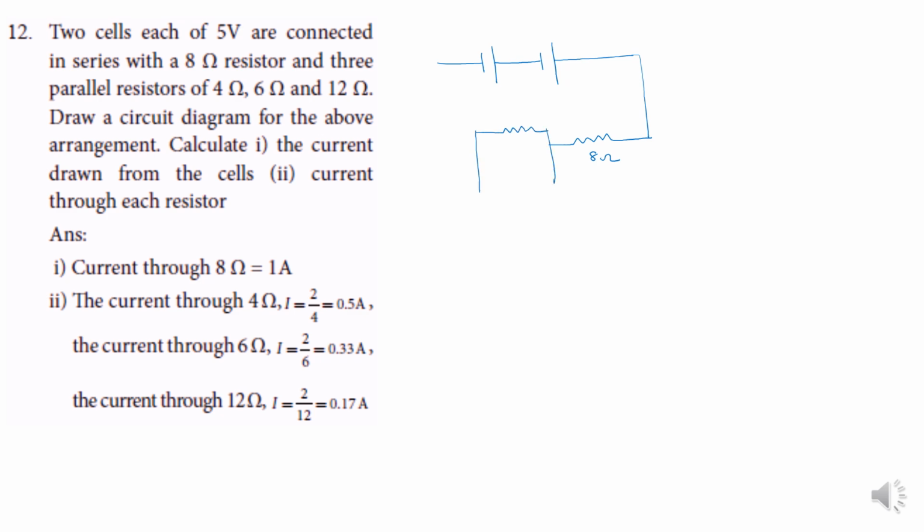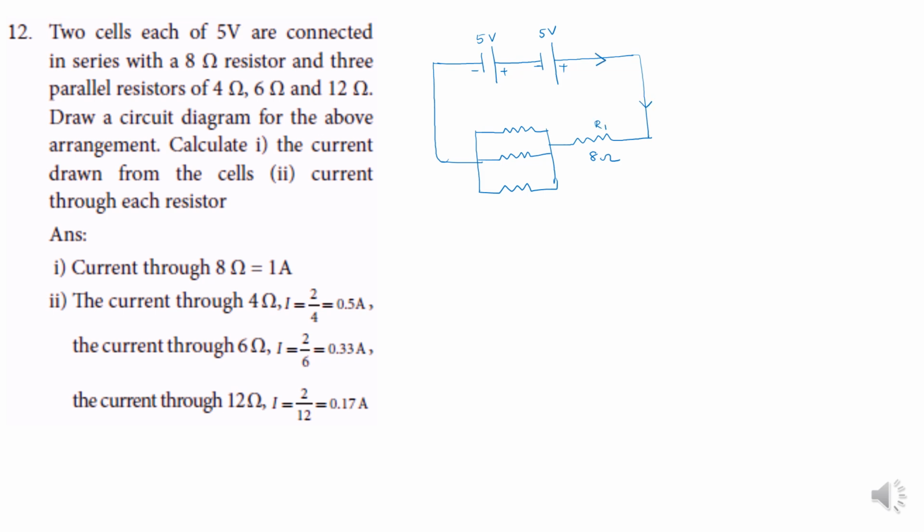Let this be 4, this be 6 and this be 12. This is 5 volt and this is 5 volt. Minus plus, minus plus. So current is drawn and it passes through here.